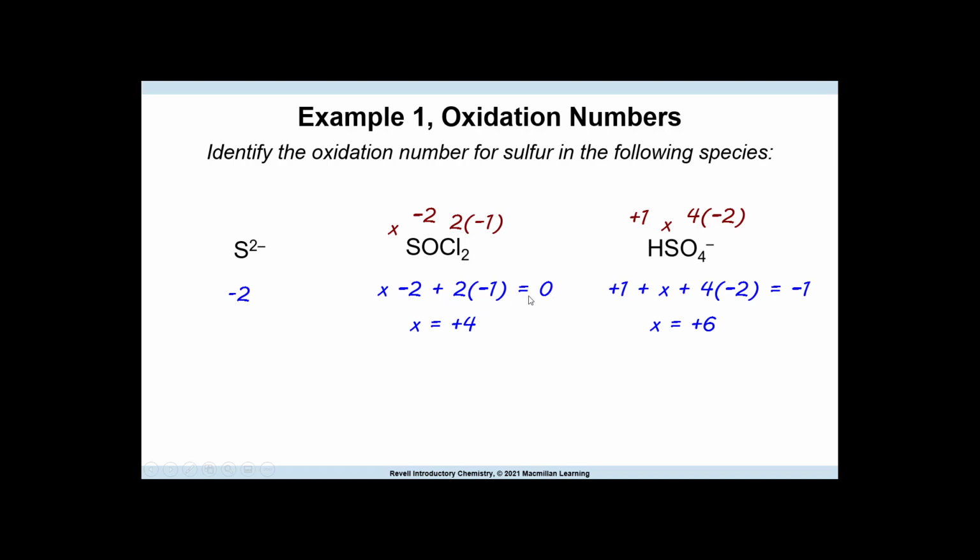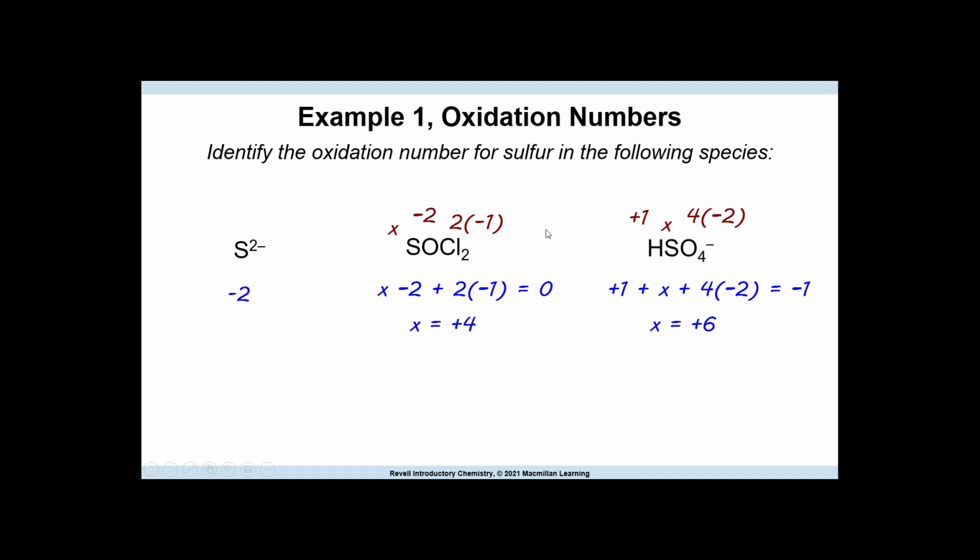If you add all this together, you can see that we have X minus 2 minus 2, which ends up being -4. But when we pull the -4 to the other side, it's a +4. So X equals +4. So in this case, the sulfur has an oxidation state of +4 in this compound.